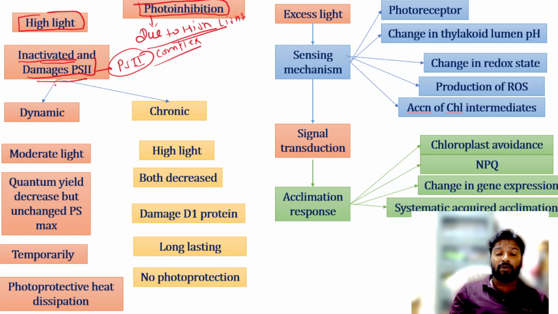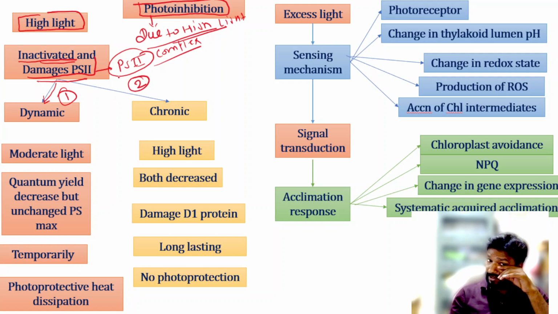Based on this, there are two types of photoinhibition: first is dynamic and second is chronic photoinhibition. Dynamic photoinhibition generally occurs in moderate light conditions, and chronic occurs in high light situations.